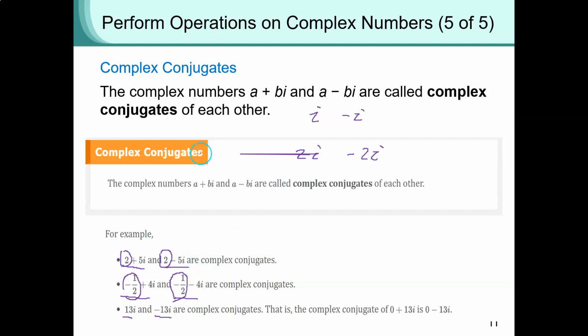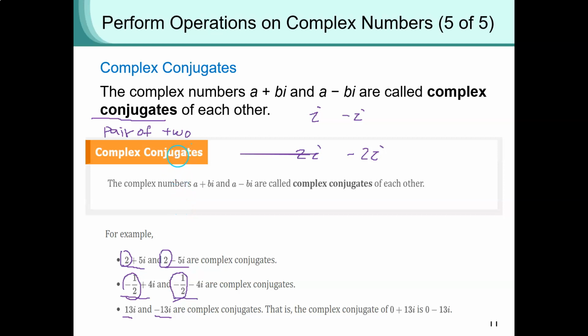So keep in mind, a conjugate pair has two solutions. It's a pair of two solutions. And the sign change only goes with the imaginary number part, in front of the imaginary number.